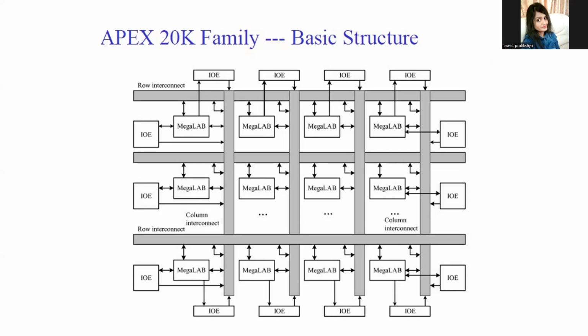Apart from that, we have 4 PLLs included for robust clock generation. Importantly, it has dedicated carry and cascade chains. These chains are hardware shortcuts for arithmetic operations like adders and counters, making them faster than implementing them in general purpose logic. So you can imagine how much efficiency and better computational facility we have in the Apex 20K family.